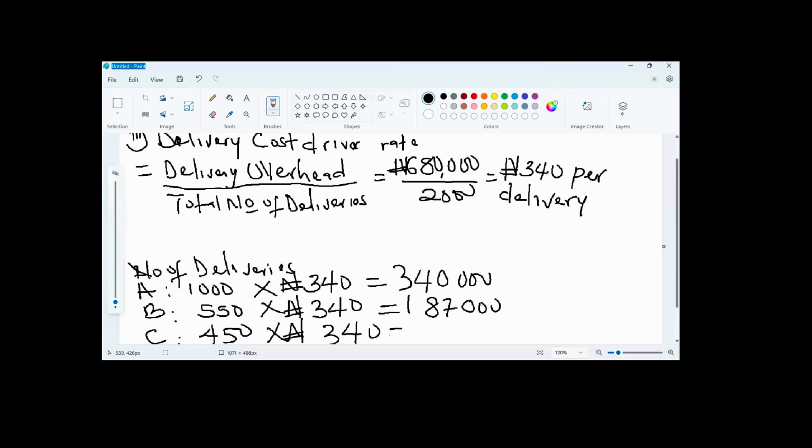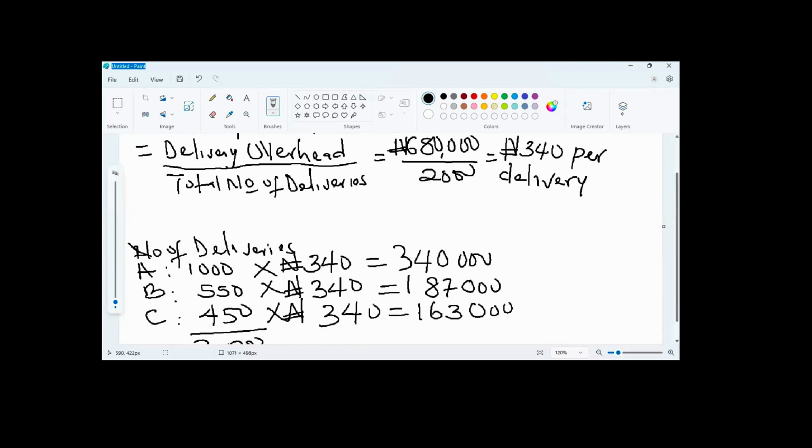And this will give me how much? 153,000. Total for C is 153,000, not 163,000.